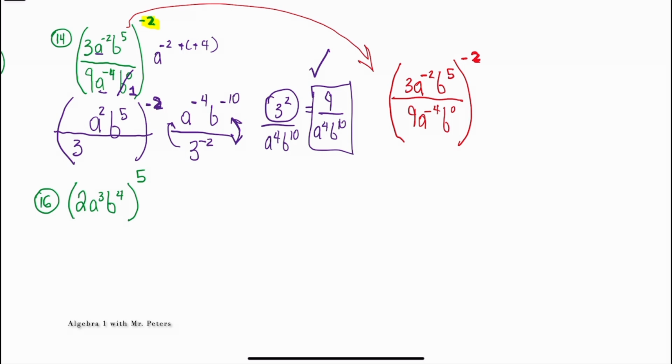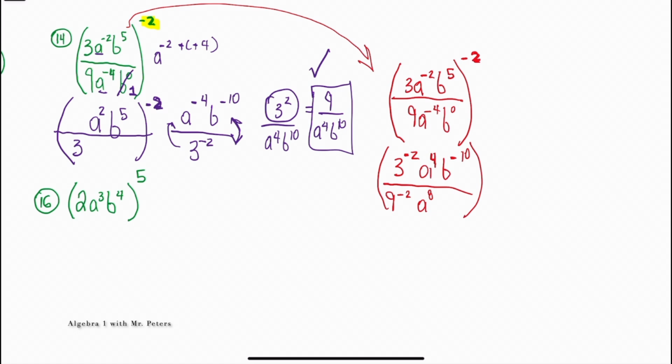So once we distribute that -2, we're going to have 3 to the -2, a to the +4, b to the -10, all over 9 to the -2, a to the +8, and we know b to the 0 is going to stay b to the 0. So we'll just leave that b. We're not even going to include it.